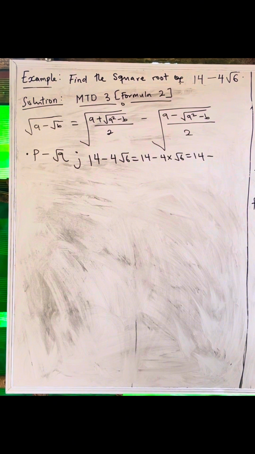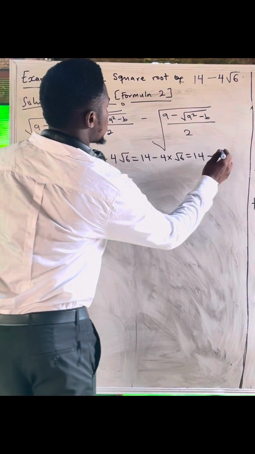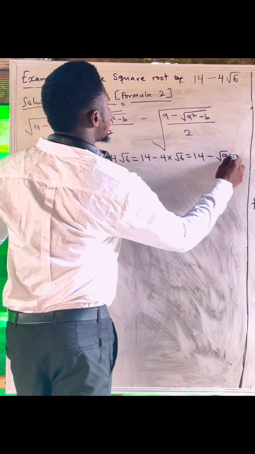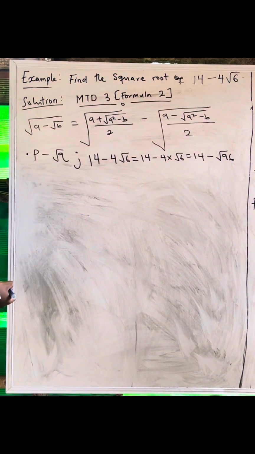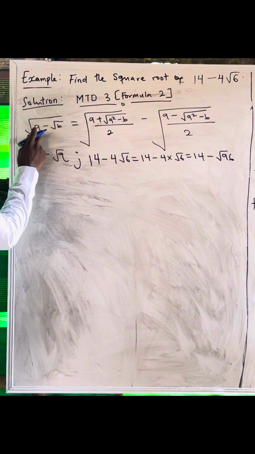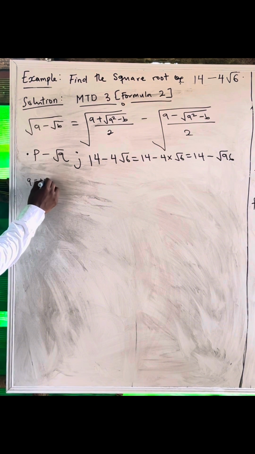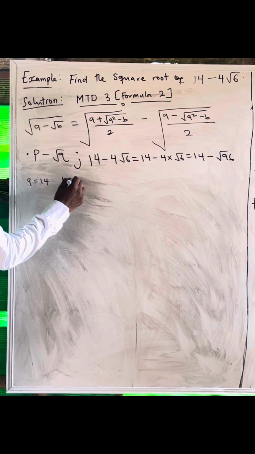Then what is 16 times 6? 16 times 6 is going to give us 96. So that will be 14 minus root 96. So once we've done this, this simply means that we can say that our A is equals to 14 and our B is equals to 96.